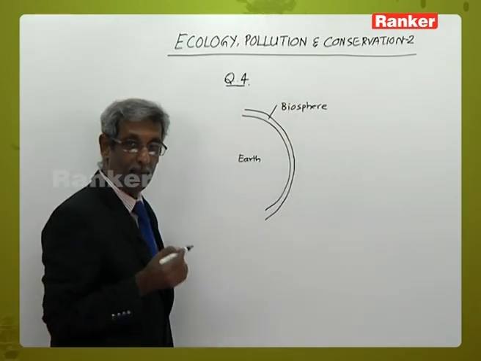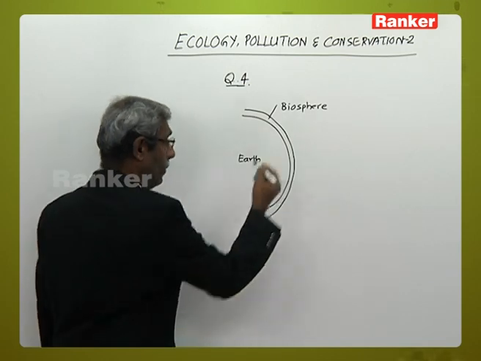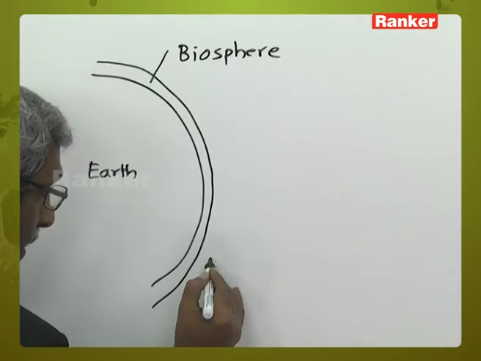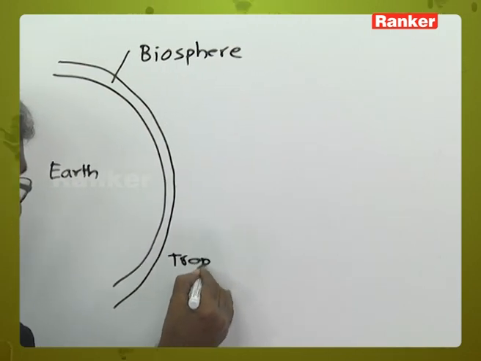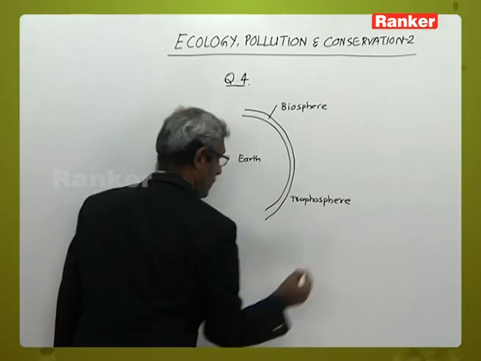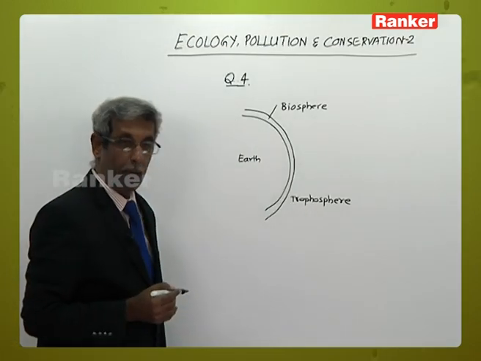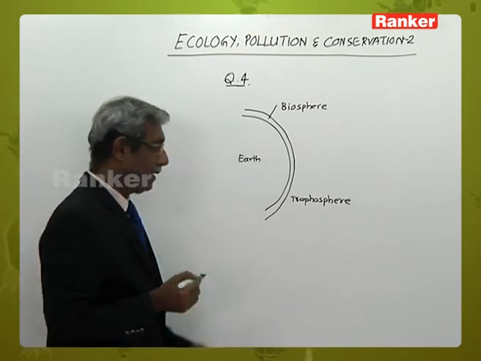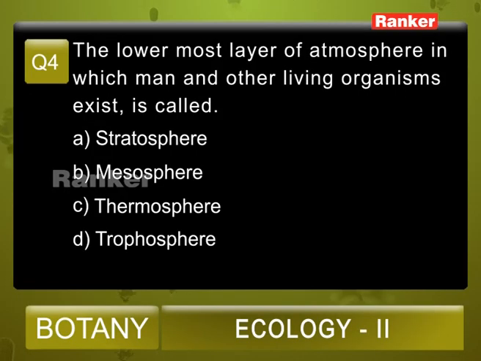Biosphere is a place where living forms exist. Just above the biosphere, the first 20 kilometers is primarily termed as the troposphere. The troposphere is very important because it maintains the climate around the earth. So, troposphere, answer is D, where there is maximum interaction.